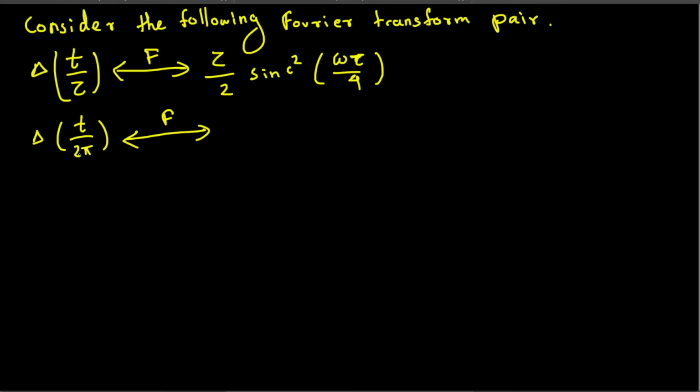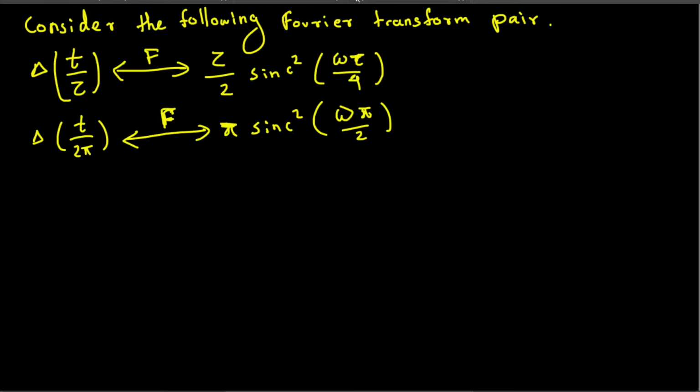So we have 2π, divided by 2, the 2 cancels, and we end up with π. Then sinc squared remains the same, and we have omega multiplied by tau, which in our case is 2π. So multiply by 2π divided by 4. The 2 and 4 cancel, so we get omega π divided by 2. This is what we get for the Fourier transform of triangular t over 2π.